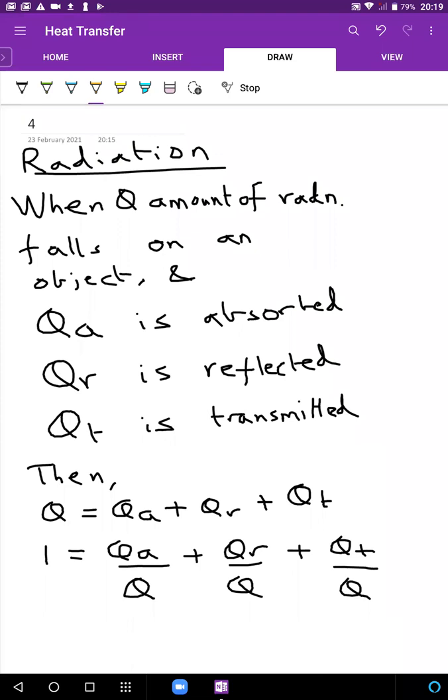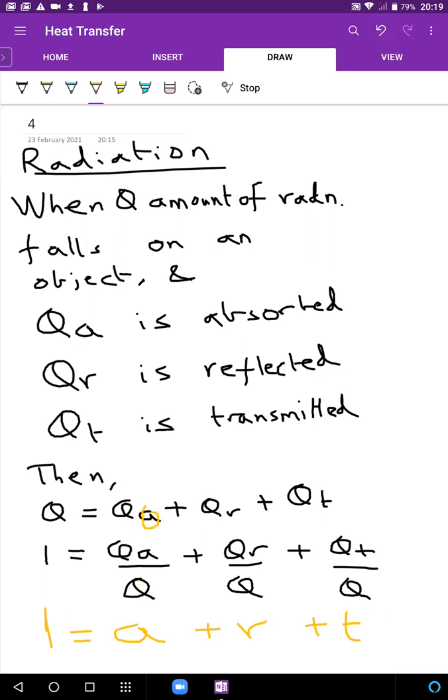QA by Q, the fraction absorbed, is going to be represented by the symbol A. The fraction reflected is going to be represented by the symbol R. The fraction transmitted is going to be represented by the symbol T. I'm not cancelling Q over here. The A is a subscript.